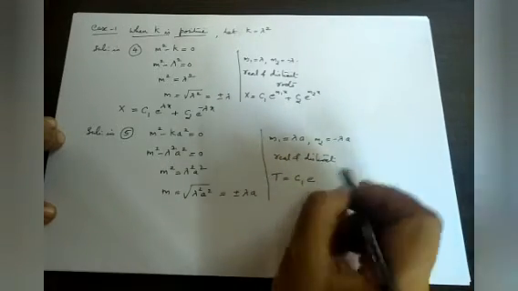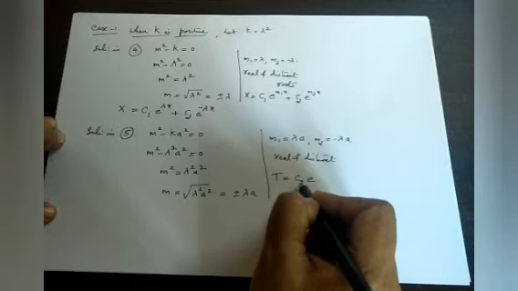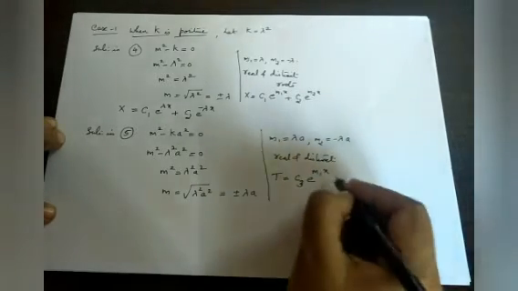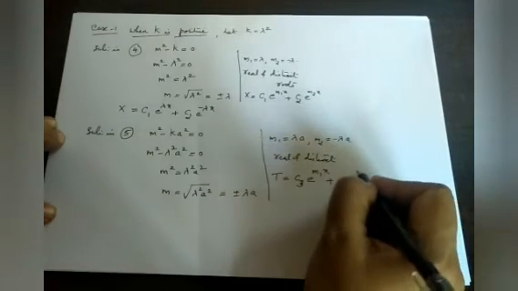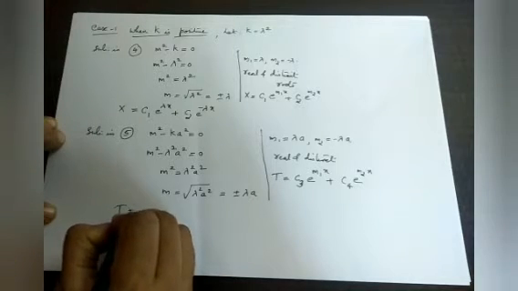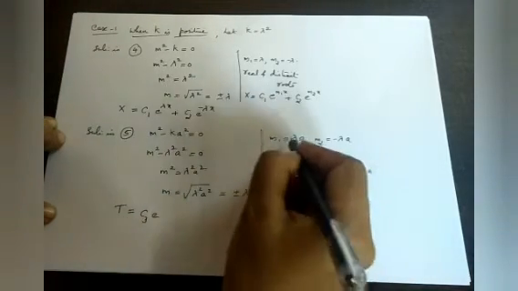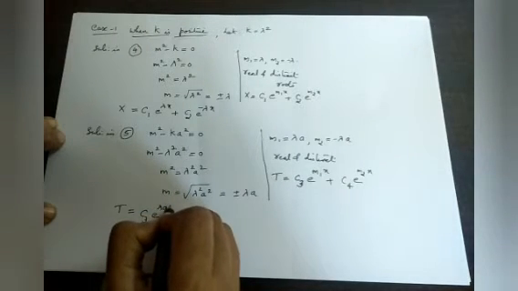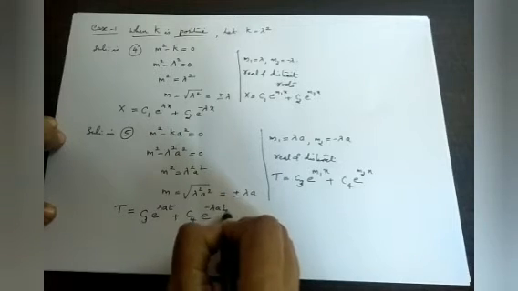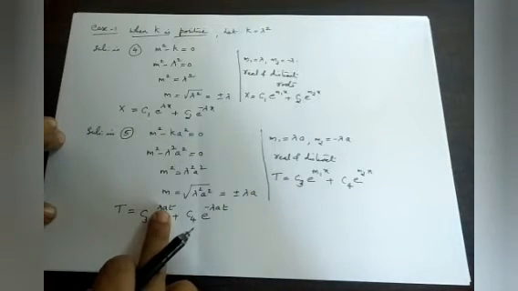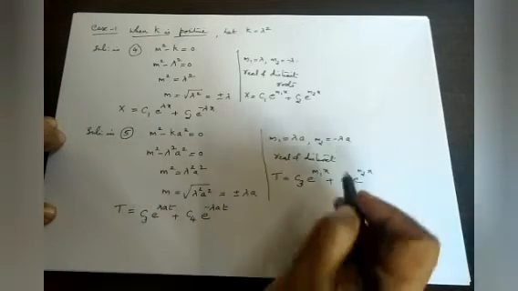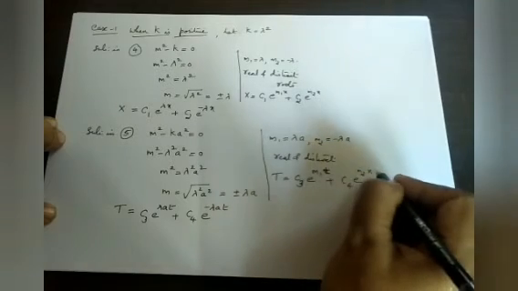We have already used C1 and C2, therefore we can take C3 e raised to m1 t plus C4 e raised to m2 t. Therefore, here the solution is t equal to C3 e raised to lambda a t plus C4 e raised to minus lambda a t. Here we are considering with respect to t, so in the place of x we have t.